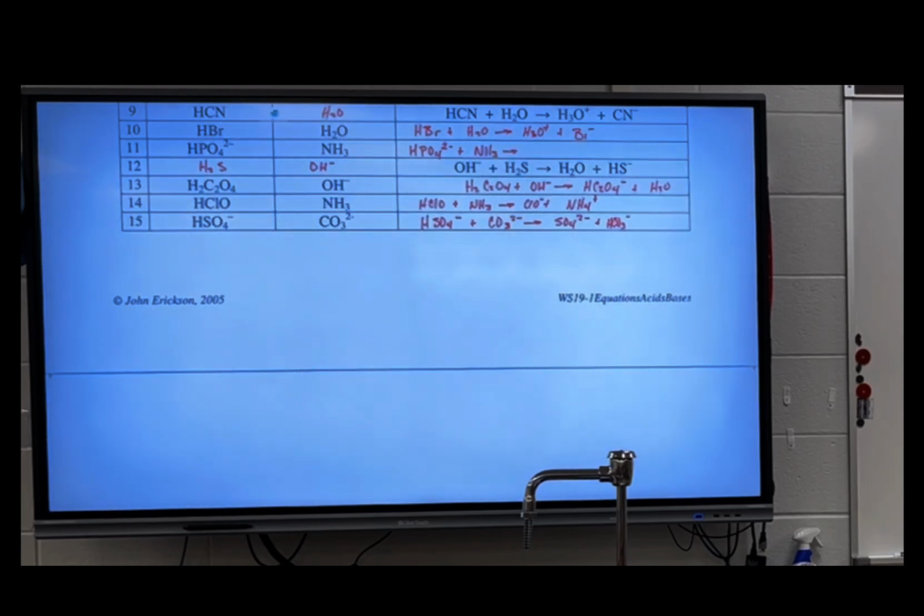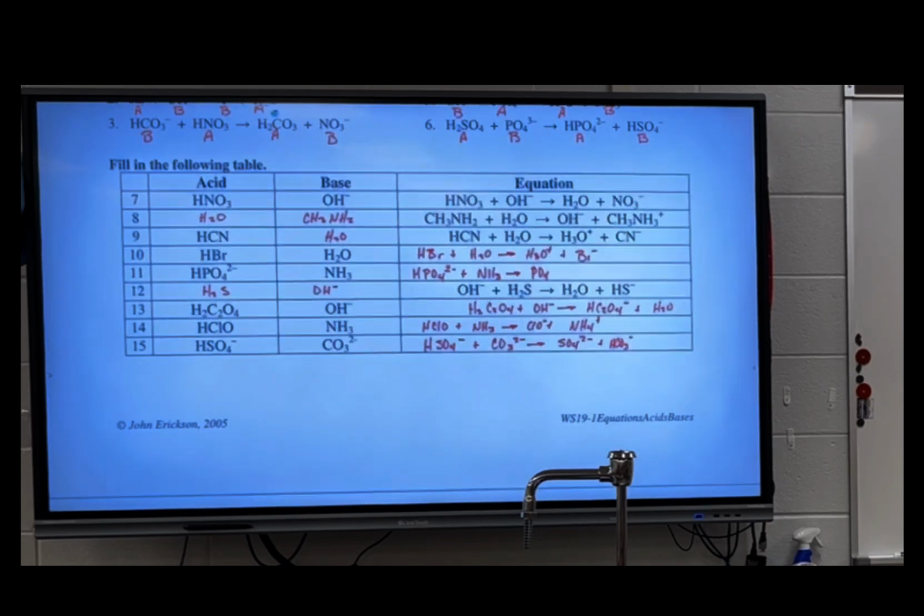They're telling you that HPO4 is the acid, it's the acid column. So it's going to end up being PO4 3 minus plus NH4, because the ammonia was acting as the base.